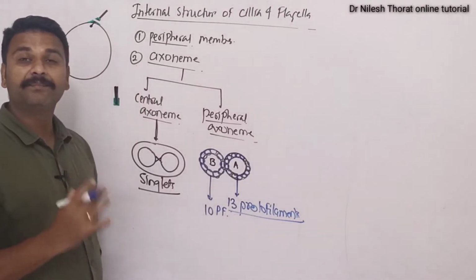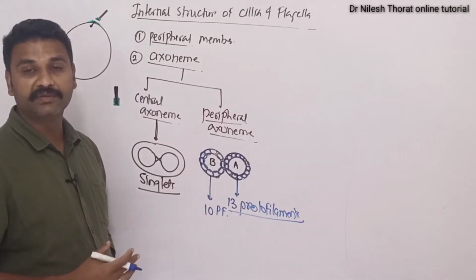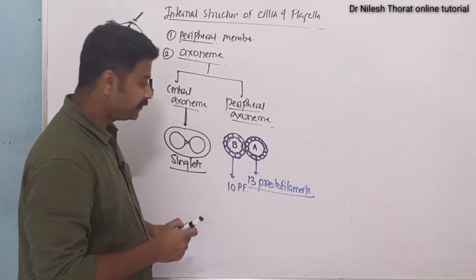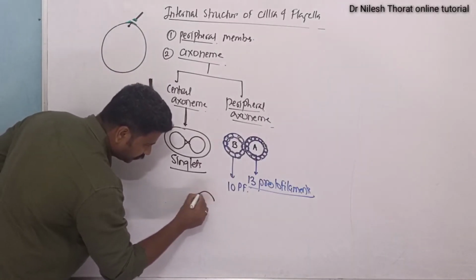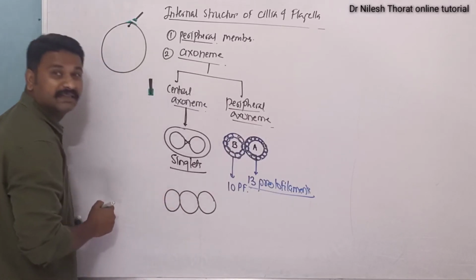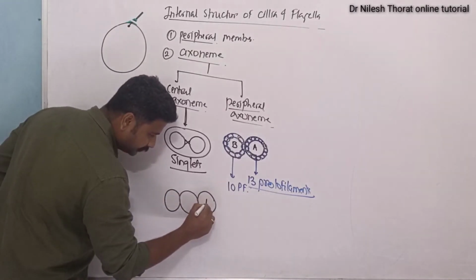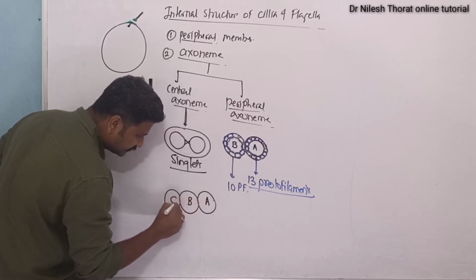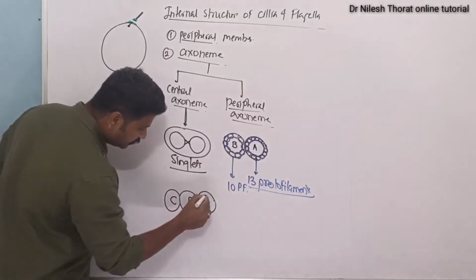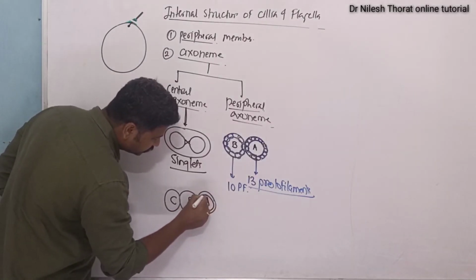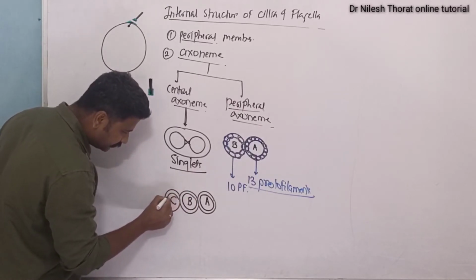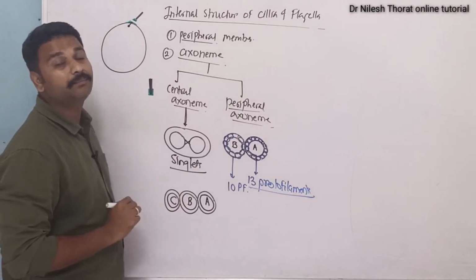Clear? This is in comparison to centriole, where these tubes are present in the form of triplets. In case of centriole, we are having triplet tubules. So the peripheral filaments in case of centriole are actually the triplets. In this triplet, we are having tubule A, B and C. Here also the tubules are hollow internally, and the A tubule is made up of 13, B tubule is made up of 10 and C tubule is also made up of 10 protofilaments.